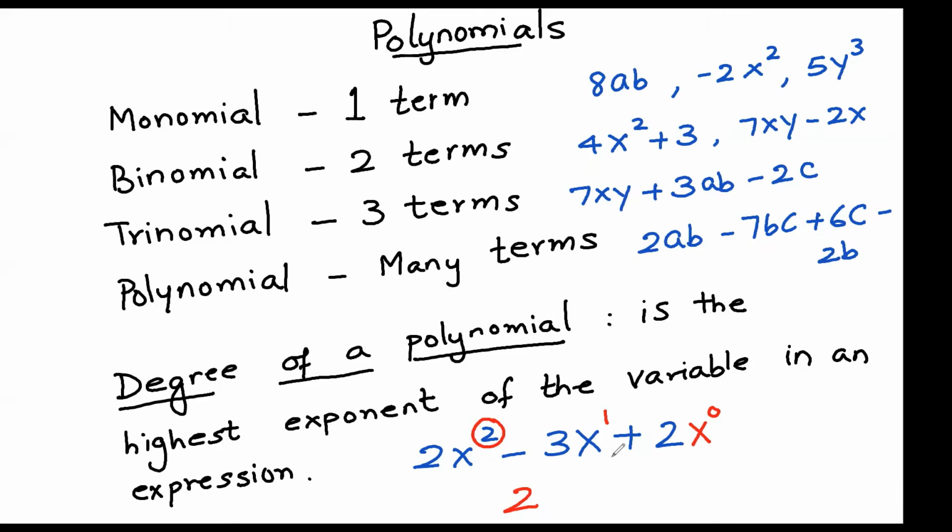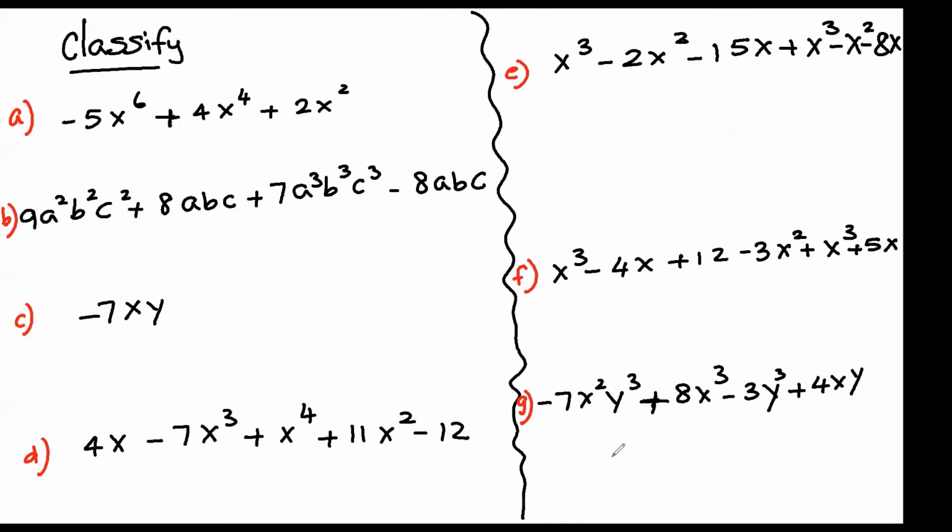Okay, let's do some practice. So go ahead and first try these on your own. I want you to classify these polynomials. That means I want you to tell me whether this polynomial is a monomial, binomial, trinomial, or simply a polynomial with more than 3 terms, right?